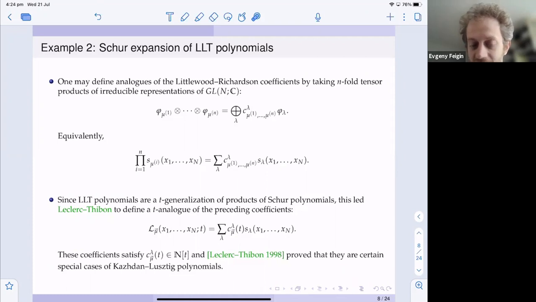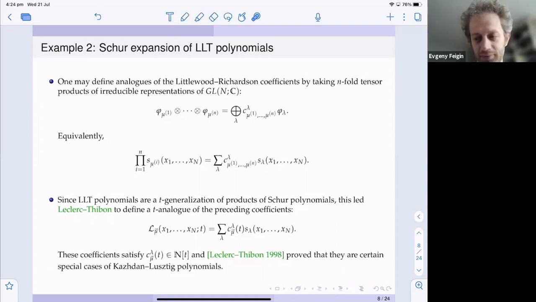So I wonder if there is a representation whose character is given by the left-hand side, or some natural vector space, a module for GL_N, such that the LLT polynomial gives its character. Right. I don't know the answer to that question, but I can certainly see the motivation for this.